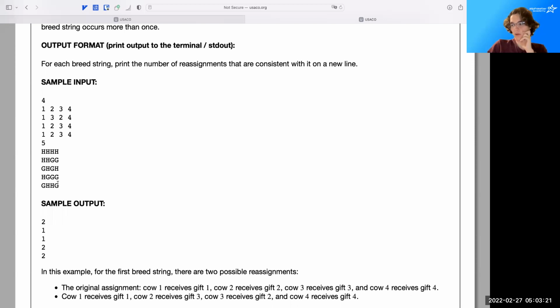There could be ones where H is paired off, and you want to know how many don't pair H off. So you could do dp of K, K plus 2, the mask minus the number.